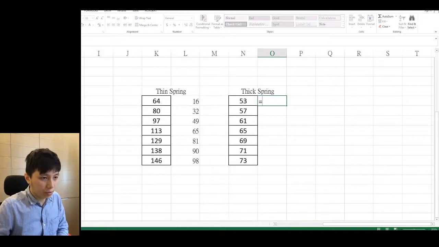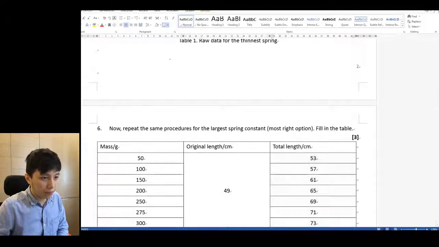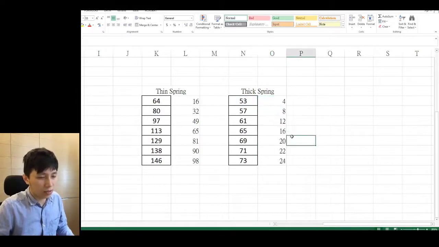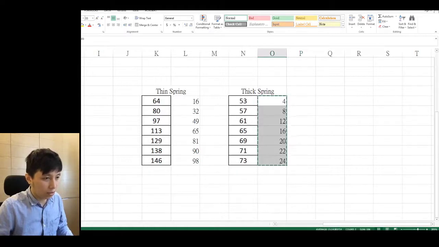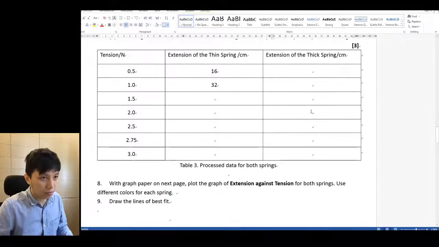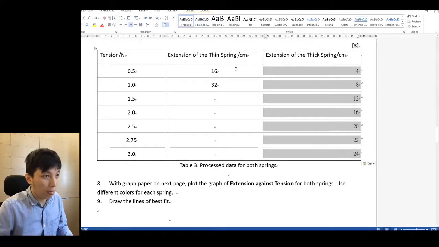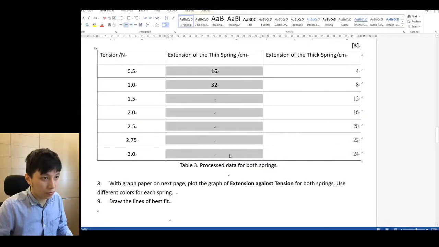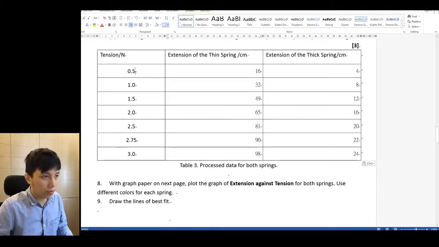For the thick one, the original length was 49 according to our observation. So for all this length, I'll minus 49. Okay, and this will be the extension that we have. So I'm going to copy back to here, and then copy this to here. Yeah, which is going to be the same.